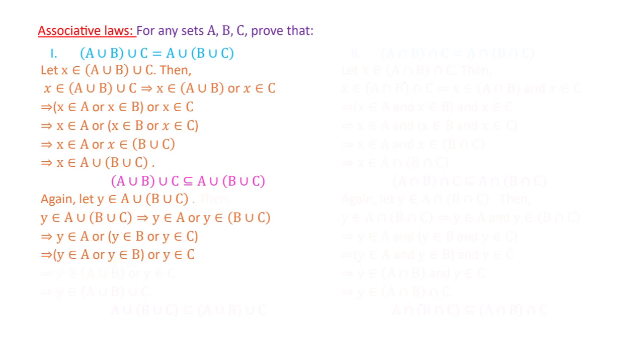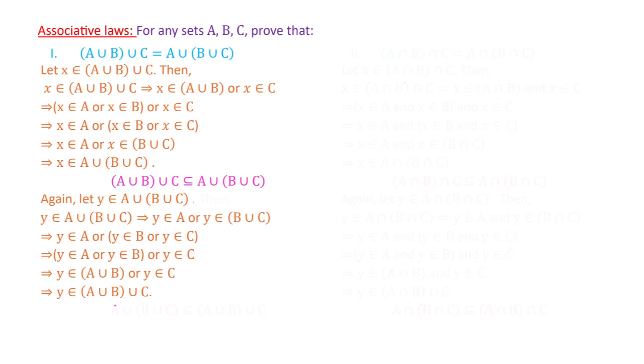So what we obtain from this is, we are saying Y belongs to A or Y belongs to B, and corresponding to this OR we can put the union sign over there. So we can write this implies Y belongs to A union B, or we have Y belongs to C. Now corresponding to this OR, we can write that Y belongs to (A union B) union C. So we have proved that for every Y belonging to this set, we have Y belonging to this set.